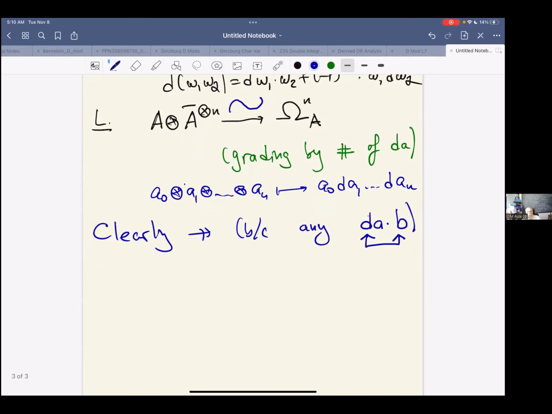And then you see that actually you can happily multiply the left-hand side or have a product on the left-hand side. And therefore, by universality, you are okay.